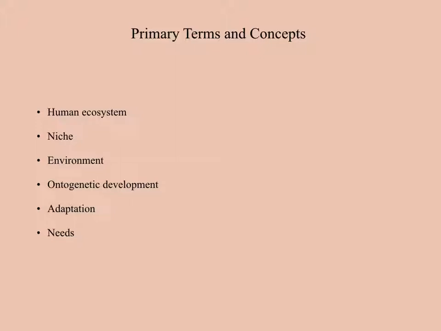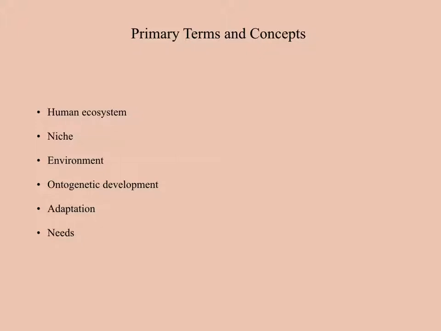And then we got niche, I'm sorry, that is functions within a system, or a human ecosystem really, that shows only those who can adapt will be able to be a part of it. So like if you can't make it in this group, then you won't make it. You won't be a part of the niche.